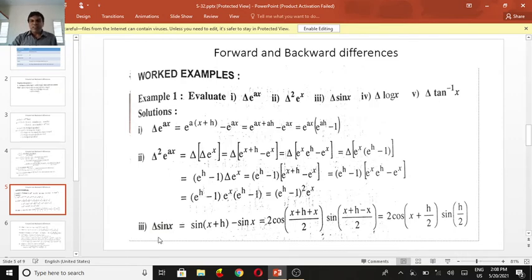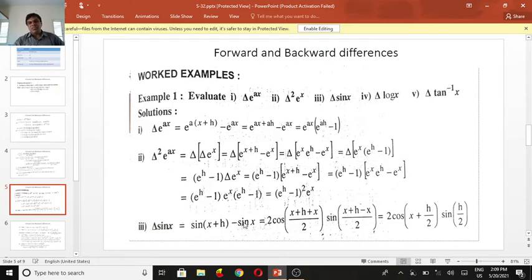If I take del sin x, just replace and apply: sin(x + h) minus sin x. So we apply the sin C minus sin D formula here, where C is x plus h and D is x.